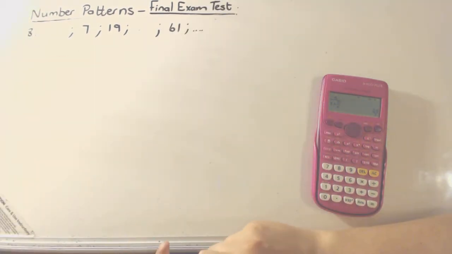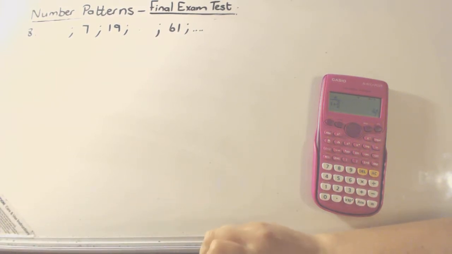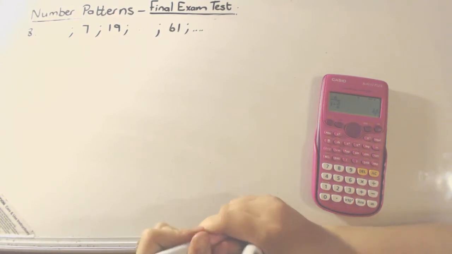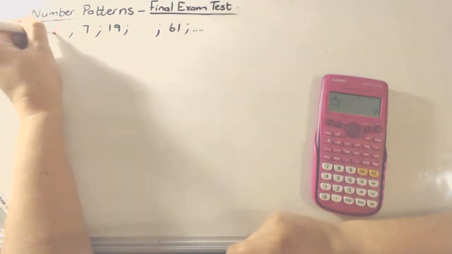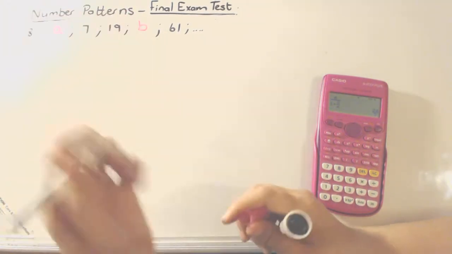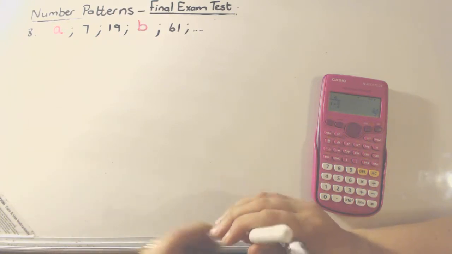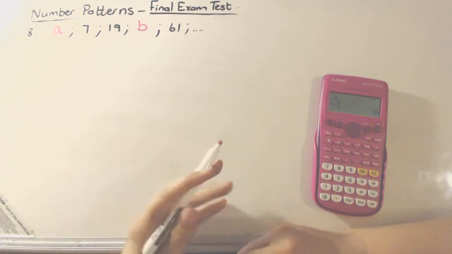Now I know that if I take 7, let's call this a, which is the first term, and let's call the fourth term b. It always helps if you write it down, so the person who marks your work can see what you were doing.